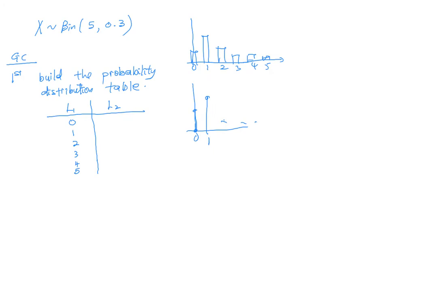So you press stat, edit, key in the first column. You clear whatever you have in your first column and second column first. Key in 0, 1, 2, 3, 4, 5. Done. Then bring the cursor to L2.